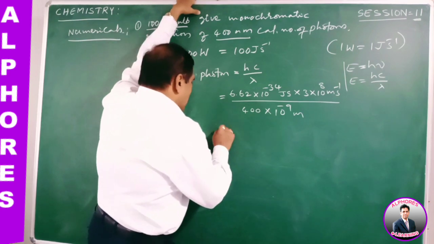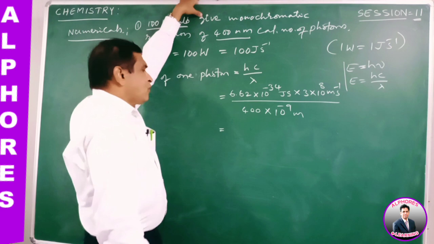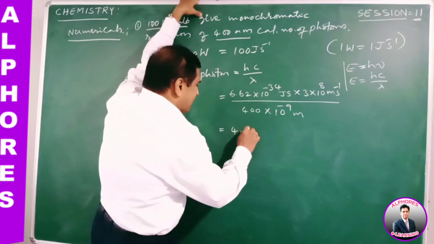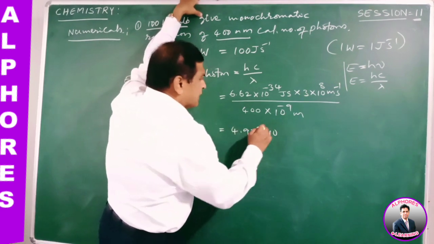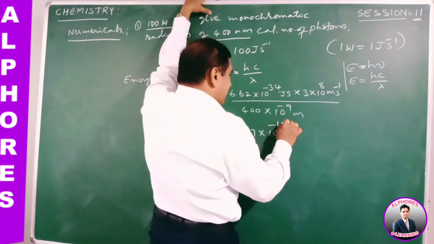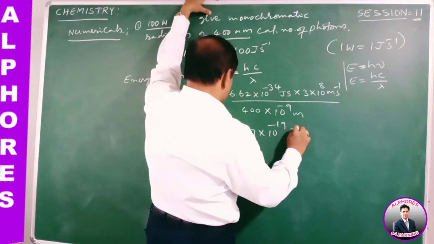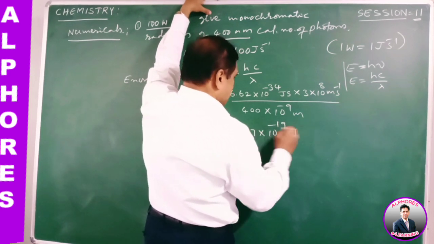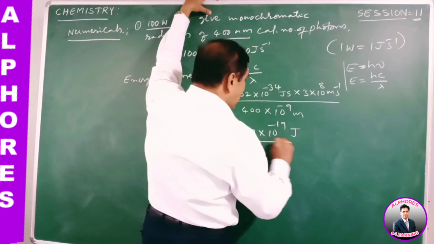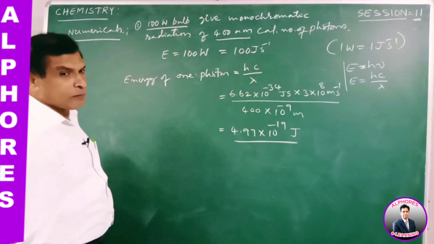On solving this we will get the answer, approximately 4.97 into 10 to the power minus 19 joules. That is the energy of one photon.